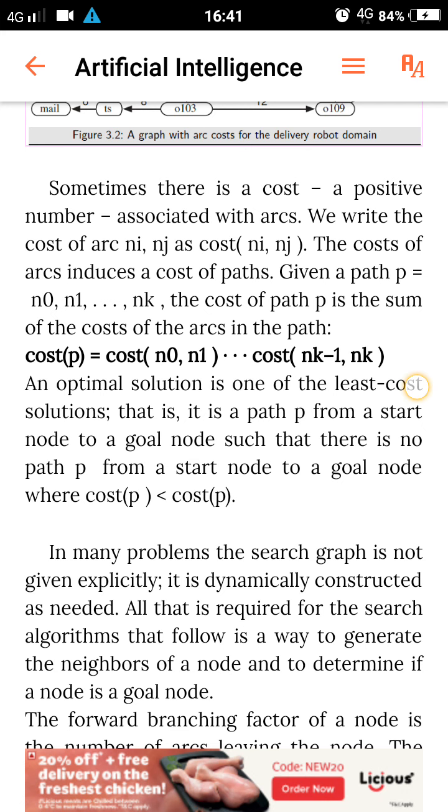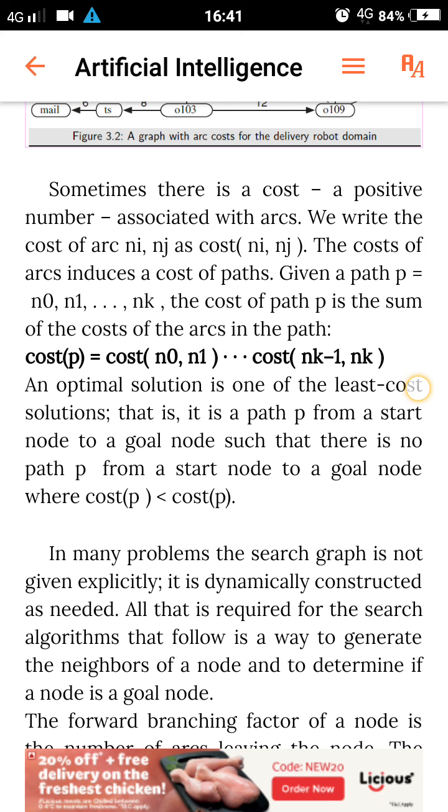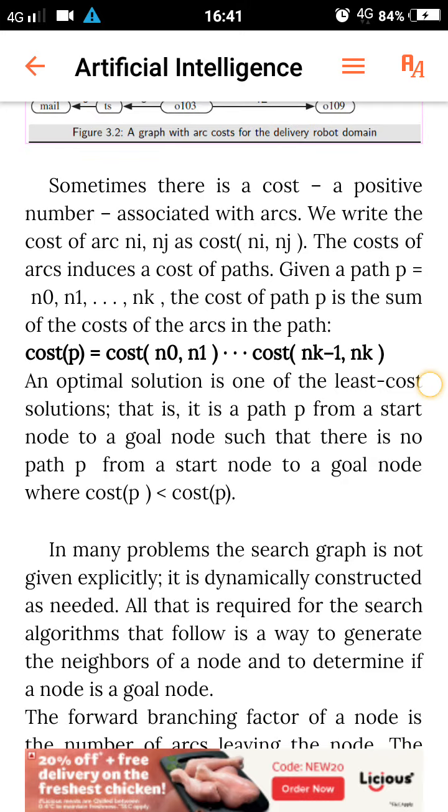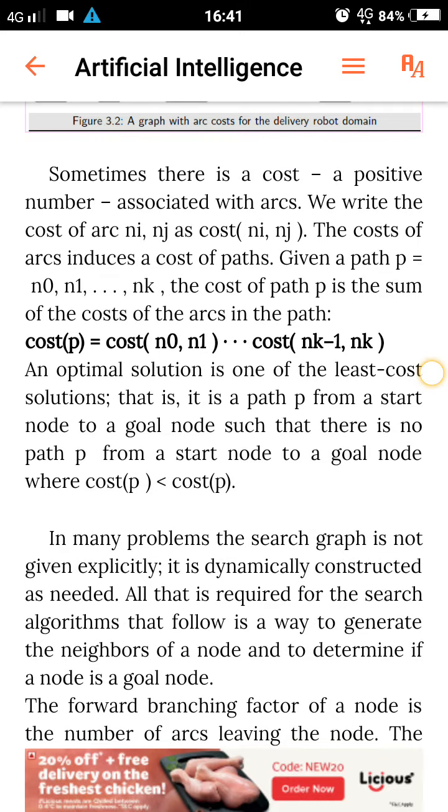Given a path p = n0, n1, ..., nk, the cost of path p is the sum of the costs of the arcs in the path. Cost(p) equals cost(n0, n1) plus and so on up to cost(n(k-1), nk).